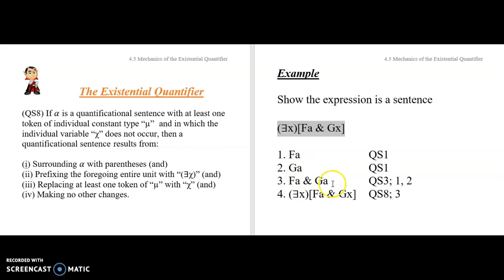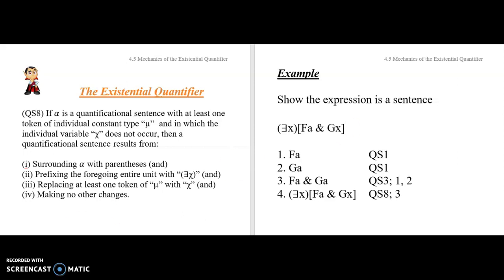So we got FA, GA, we combine them, and it's the exact same rules here. You could have replaced X with both of them, but if you had had a B here and this was GB, you could only replace one of them, either the A or the B. But if you have the same individual constant, you can replace all of them or just one of them. So we chose one here to get this expression, okay? So all of that is the same.